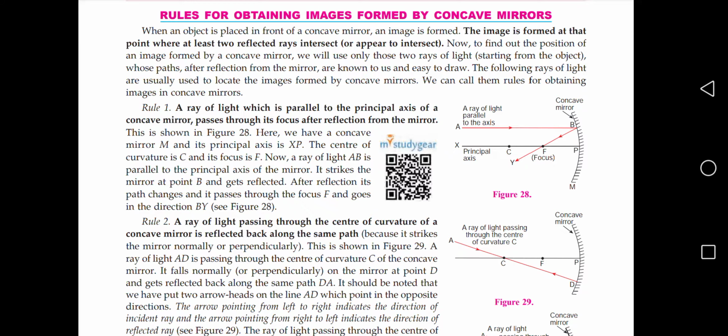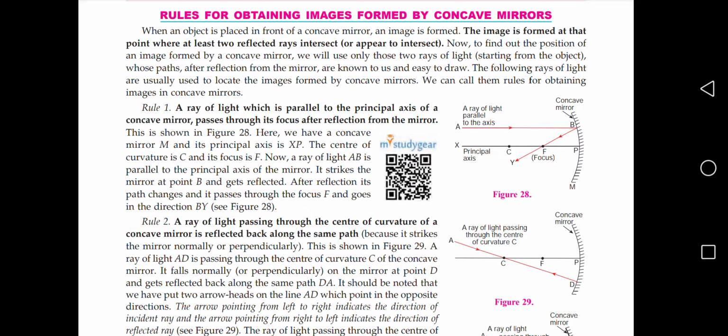Right? In this video, we shall discuss how you are going to form an image just by taking rays of light. Okay. So the image is formed only at a point where at least two rays meet after reflection.